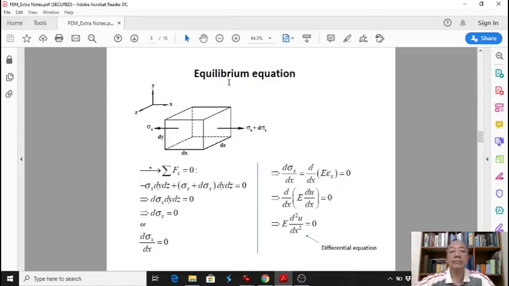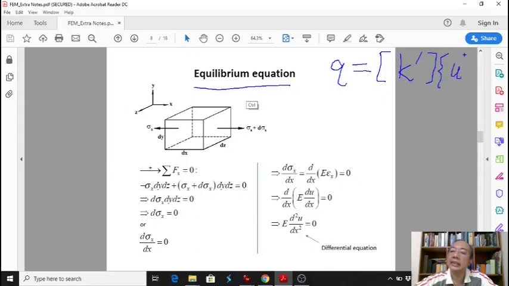We consider the equilibrium equation. If we refer back to the stiffness method, we have Q equal to K prime u, where K prime is the local stiffness matrix, and u represents the local displacement. Q is the local force.